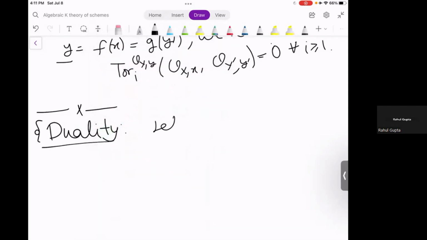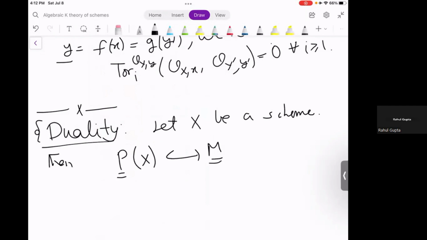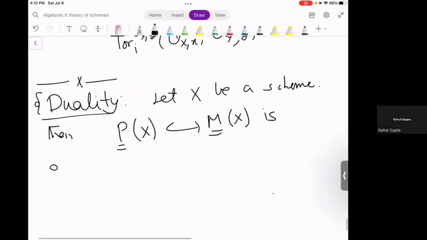So let X be a scheme. Then recall that we have these two exact categories, P of X sitting inside M of X, and this inclusion is an exact functor.